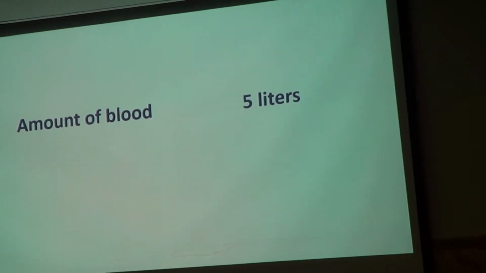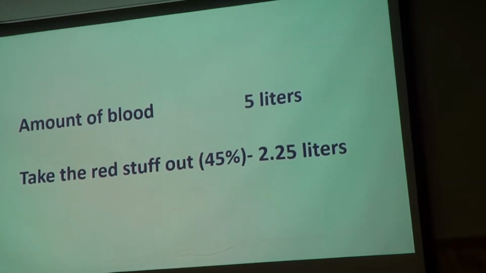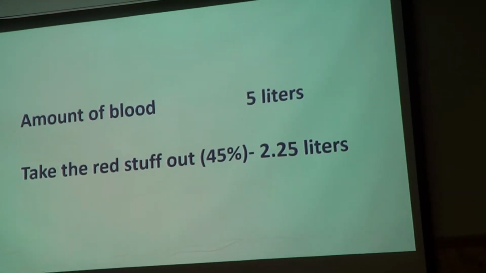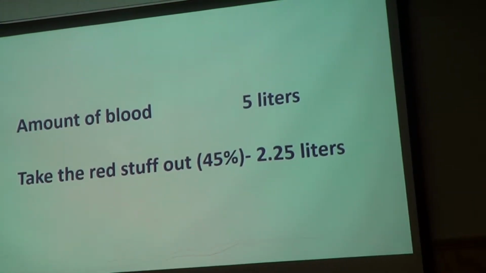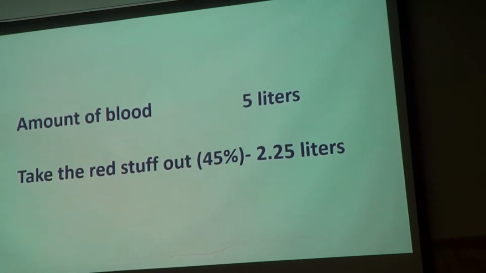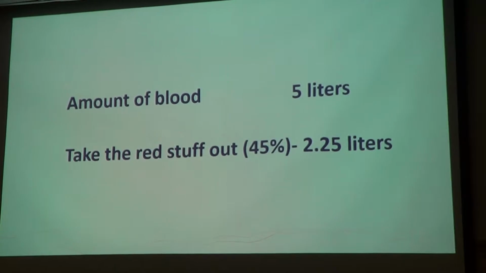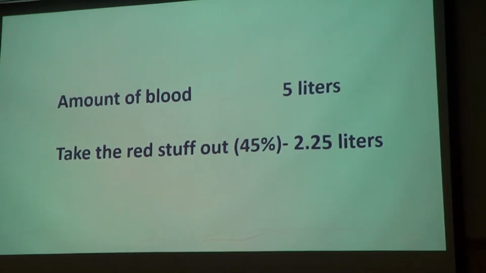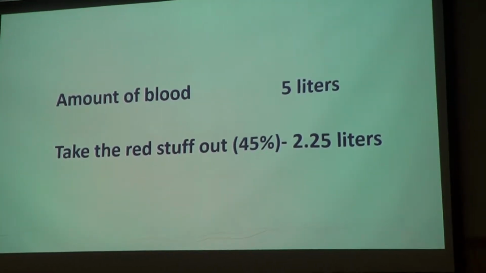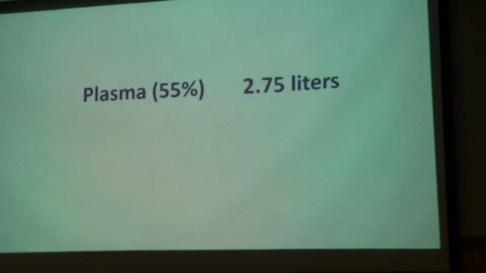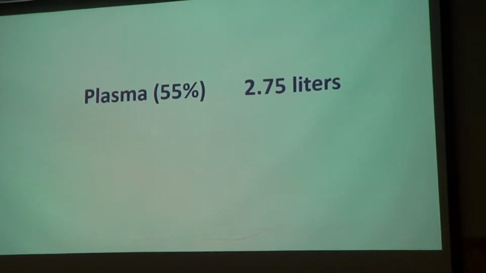Water. Plasma. Plasma. And plasma is yellow. Take the red stuff out, which is 45%, which is about 2.25 liters out of 5. So you are left with plasma, which is 2.75.